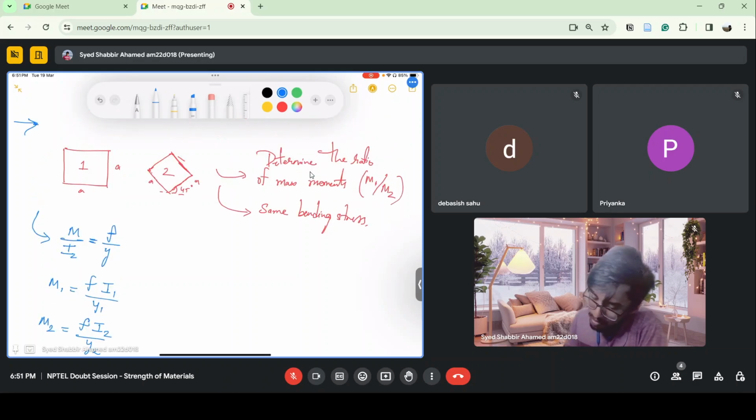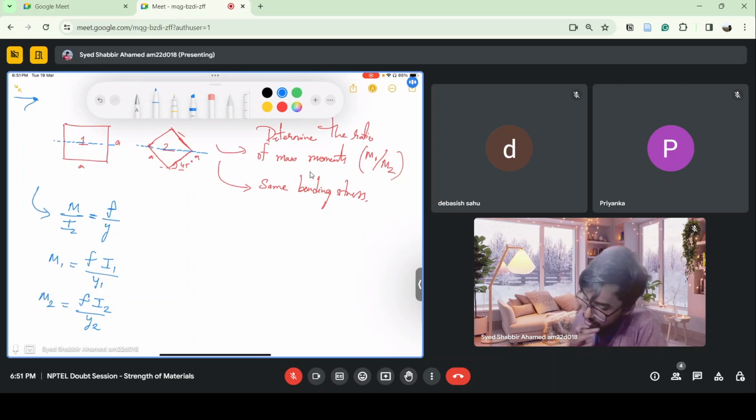So the thing is, the neutral axis is different for these. So here it is this, and here the neutral axis is this. So the moment of inertia we have to calculate with respect to this axis separately. For this, we know it is a power 4 by 12.